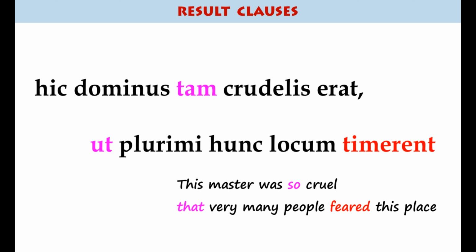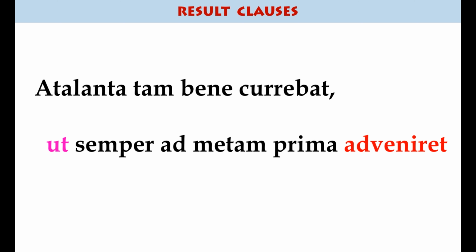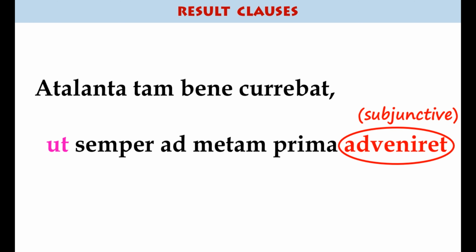Now, I went into a lot of detail with my purpose clause videos as to why the subjunctive was used in those kinds of clauses. In purpose clauses, there was a bit of doubt about whether things were actually going to be done. Why on earth the Romans used a subjunctive here in result clauses, I have no idea. It seems very odd. There's no doubt here.